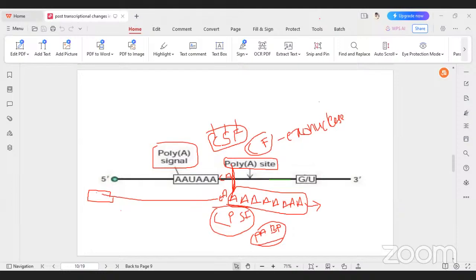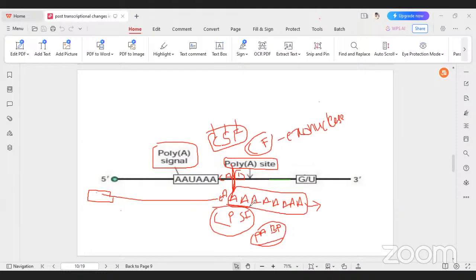Remember, in polyadenine formation, the 3' end of mRNA is generated in two steps. First, an endonuclease enzyme cuts the primary transcript at the appropriate location. Where is the appropriate location? The CA location. First of all, this CA location is cut with the help of the cleavage factor CF. And second step, poly A is added to the newly generated end by the enzyme polyadenine polymerase with the help of the binding protein.